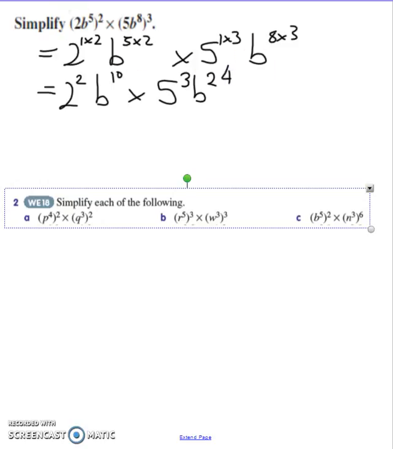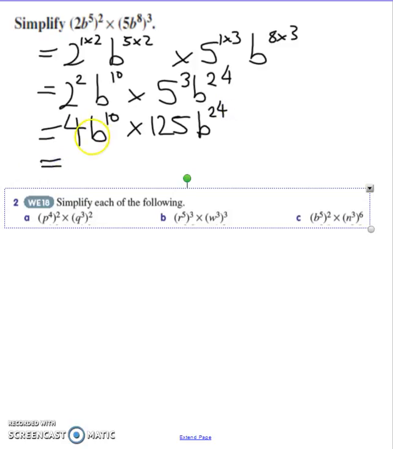From there, we now work out the 2 to the power of 2 and the 5 to the power of 3 because they're obviously numbers and we can work them out. So 2 to the power of 2 becomes 4, b to the power of 10 multiplied by 5 to the power of 3 is 125, b to the power of 24.